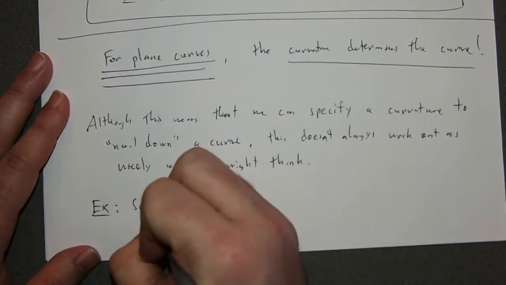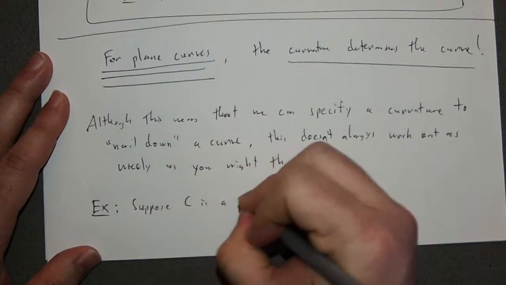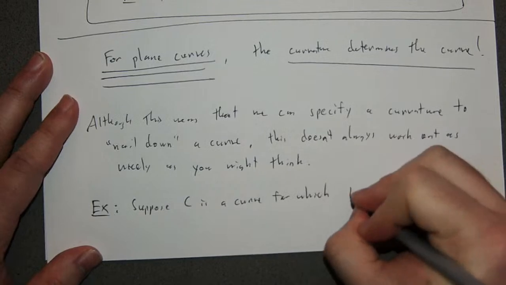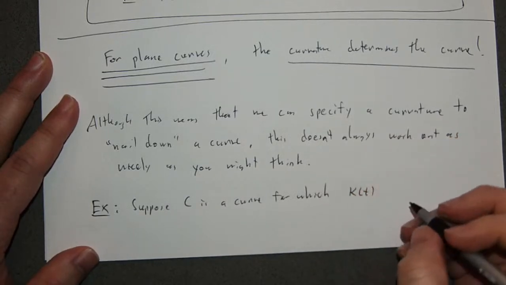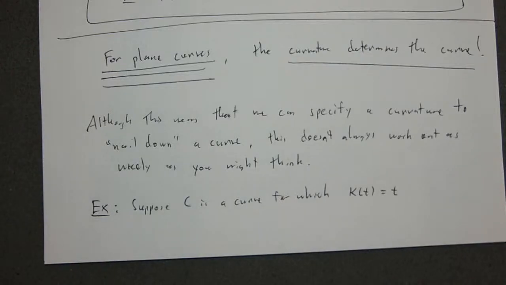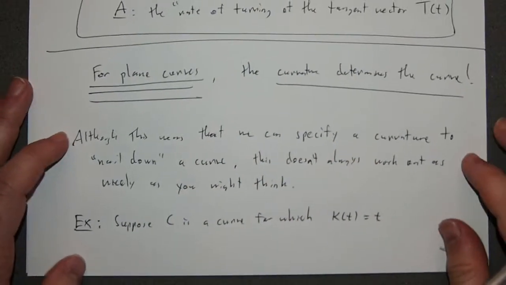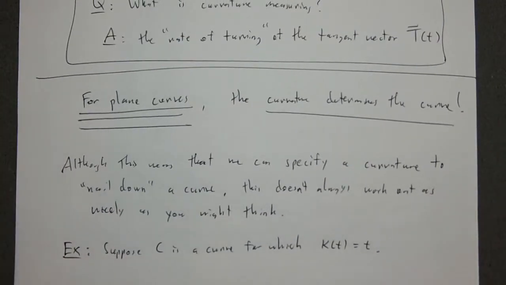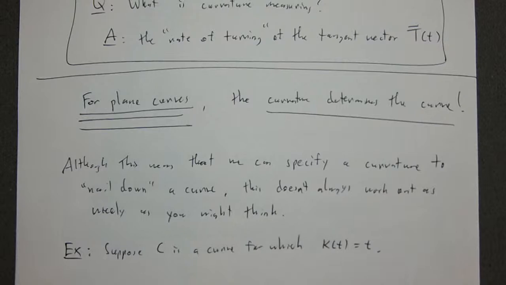Suppose C is a curve for which kappa of t is equal to t. Now, really, I need to specify the signed curvature here, but again, don't think too hard about it. It's fine to do this. So I just specify a curve C that has curvature just equal to t. You'd think this is one of the simplest possible curvatures, right?